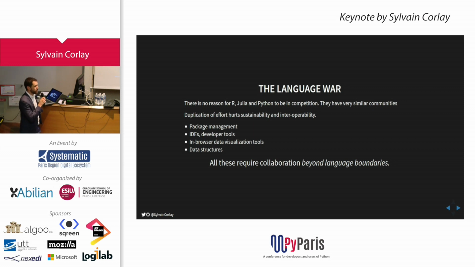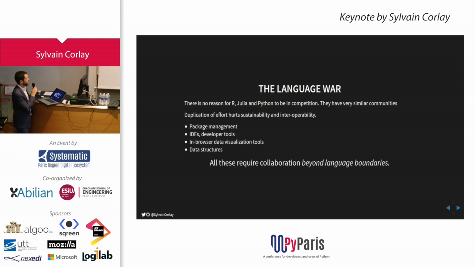So for example, there is nothing about R that makes it a better system to do a package manager, an IDE, or in-browser data visualization tools. And that's why maybe the R and Python and Julia communities should work together on such items that are common to, and are problems for, everyone and can be solved only once. So we need to collaborate beyond language boundaries.